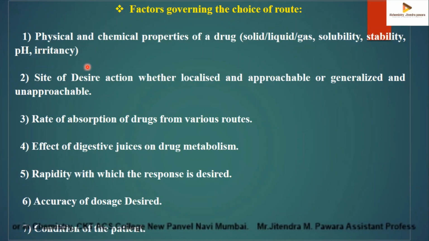So if your drug is in a solid form or liquid form, that factor affects which route you have to go for. These chemical properties of the drug govern the choice of a route. Then again solubility, stability, pH and irritancy also govern which route you have to choose.